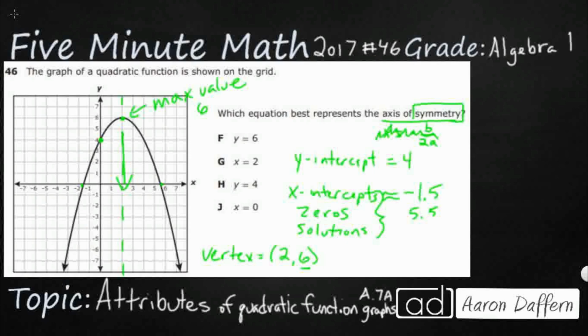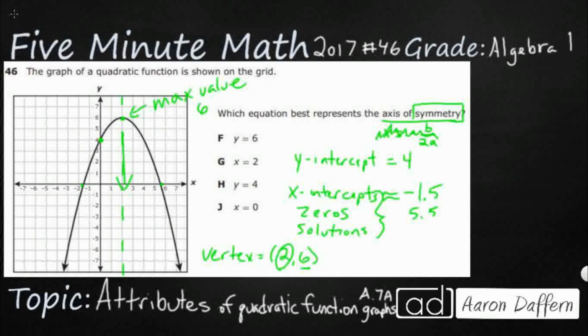And actually, since it is a parabola that is facing down, rather than one that's facing side to side, we need that x value. The x value of that vertex, 2, is going to be our clue as to what our axis of symmetry is.